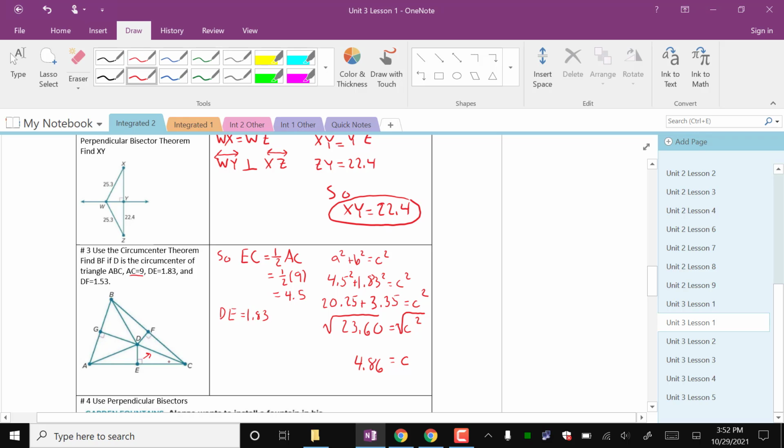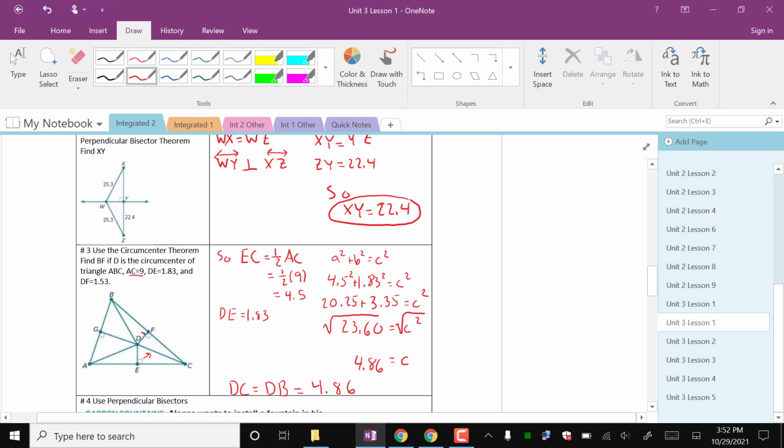So we have DC, and by the theorem, we have DB as well. So DC equals DB, which equals 4.86.